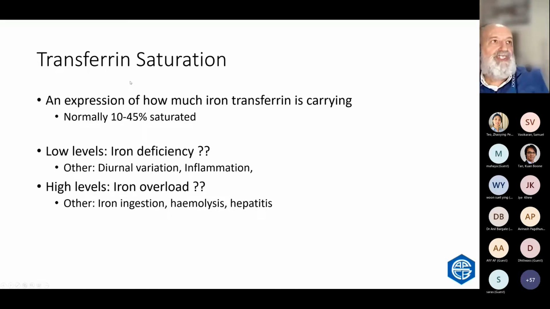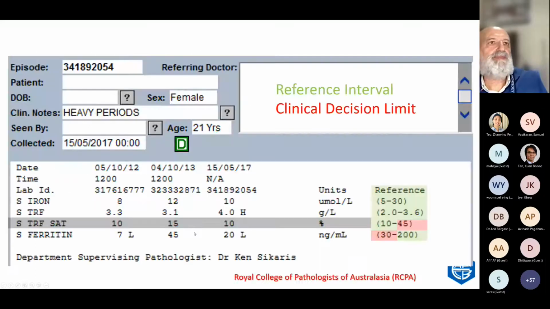Now, transferrin saturation. Normally the transferrin does not carry 2 atoms. It's lucky to have 1. So normally it's 10 to 45% saturated. When it's empty, it's likely to be iron deficiency, diurnal variation, or inflammation. When the transferrin saturation is high, it's either due to iron ingestion or infusion, or release of iron from tissues.